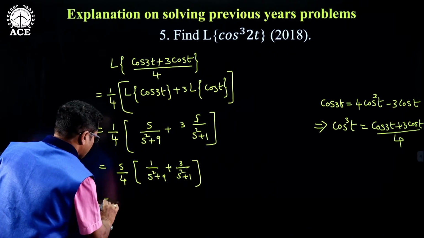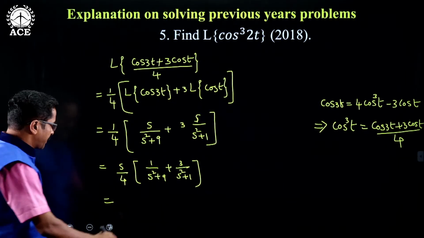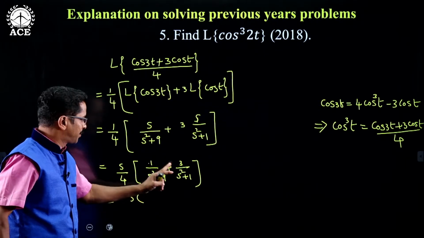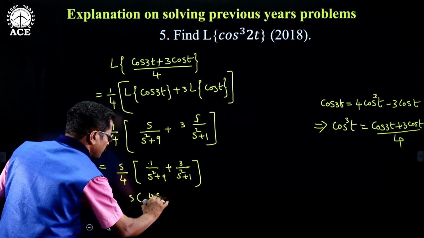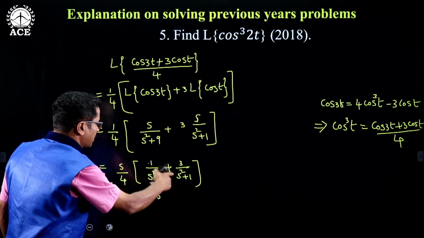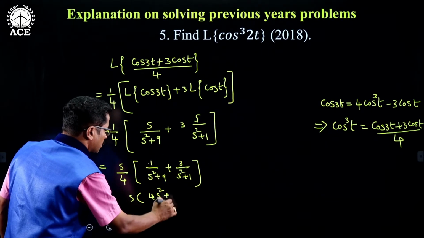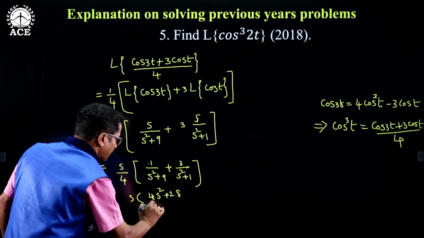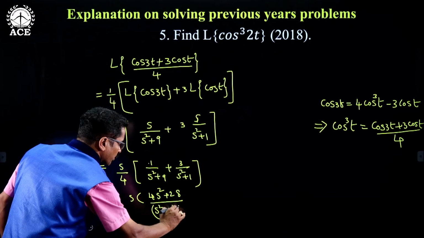Now you do the simplification. It's very simple. That is s into 1 into s square plus 1 plus 3 into s square plus 9. That is 4s square, isn't it? 3s square plus 1s square, 4s square, plus 27 plus 1, 28, by s square plus 9 into s square plus 1.